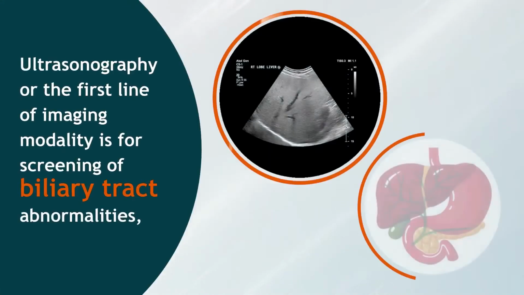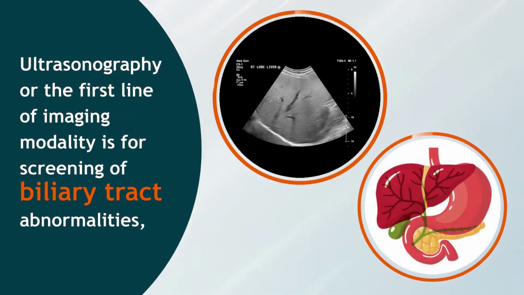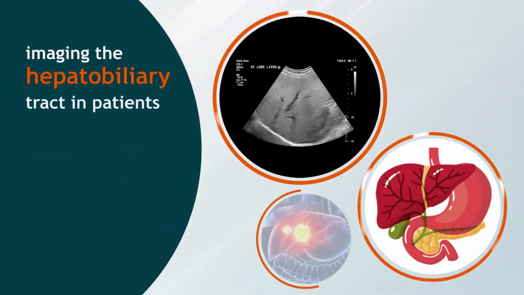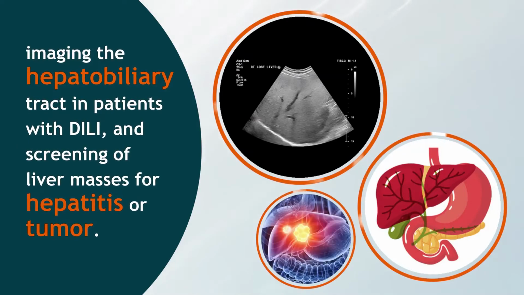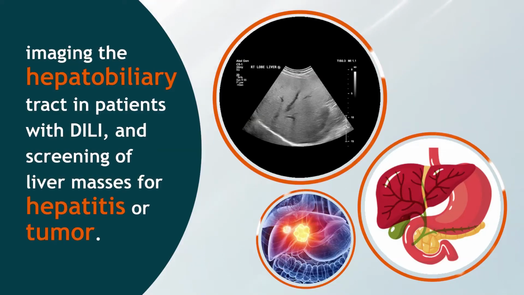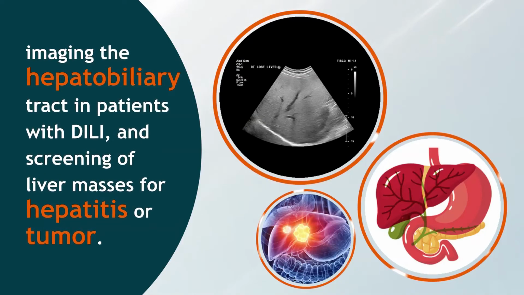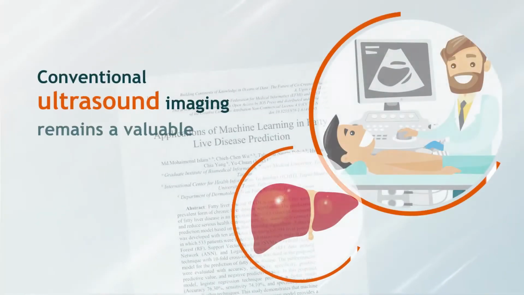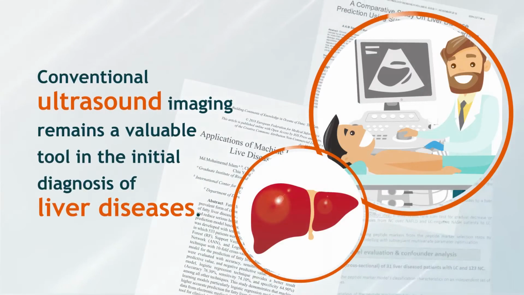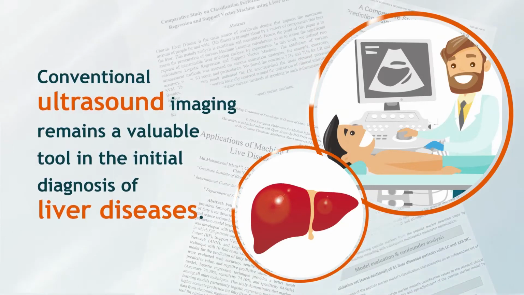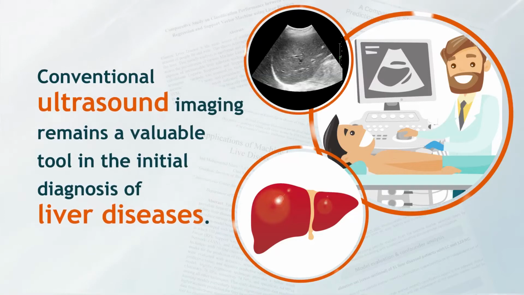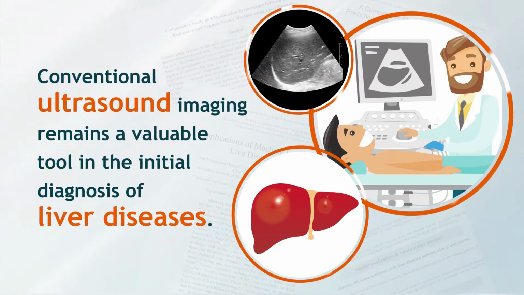Ultrasonography, or the first line of imaging modality, is for screening of biliary tract abnormalities, imaging the hepatobiliary tract in patients with drug-induced liver injury, and screening of liver masses for hepatitis or tumor. A study conducted by Christoph et al. echoed the same sentiment by concluding that conventional ultrasound imaging remains a valuable tool in the initial diagnosis of liver diseases.